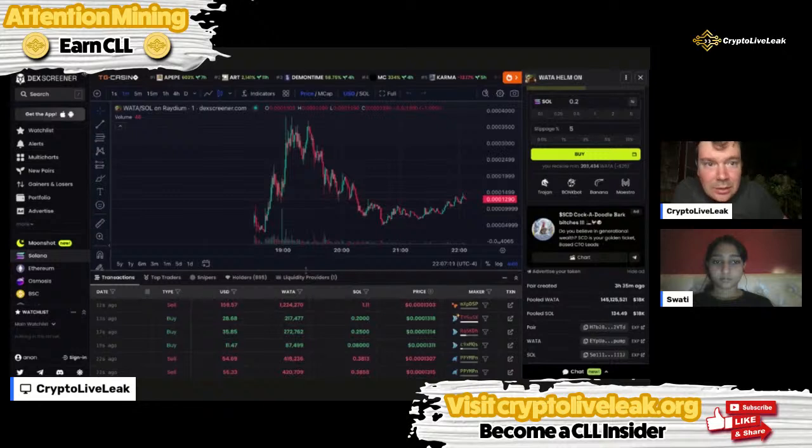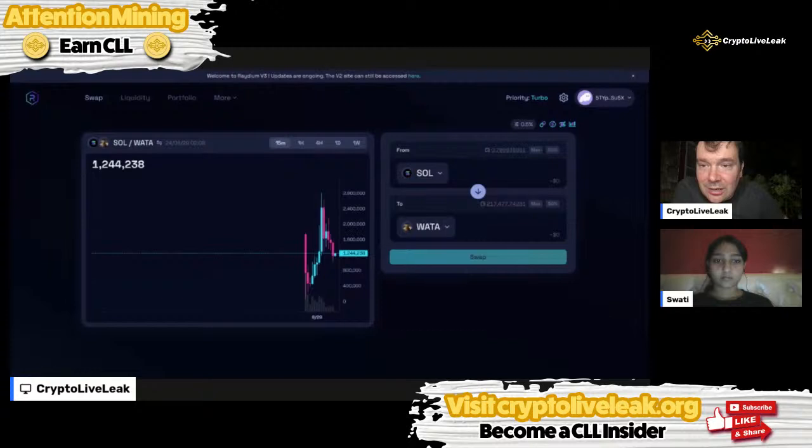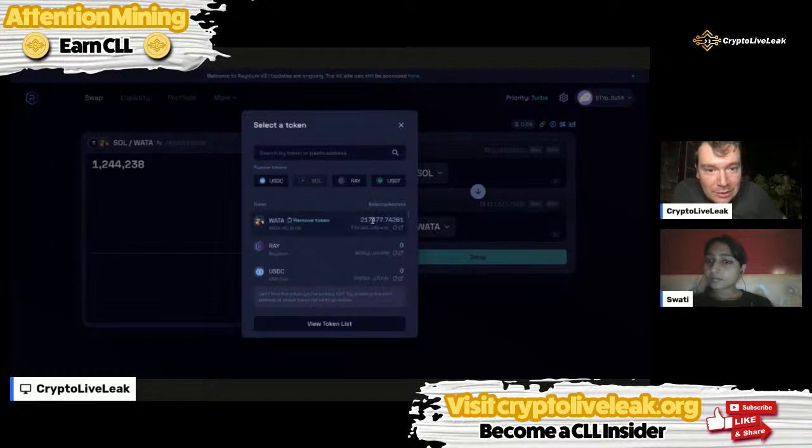Okay, sorry guys. Let me actually share the screen. Here we go. So now you can see the Radium Dex screen that I was able to make that transaction on. What I did was click the bottom counter pair and paste the address that we had copied from Dexscreener for the WADA token. And then it was able to identify it.